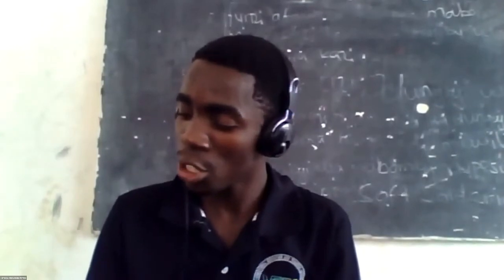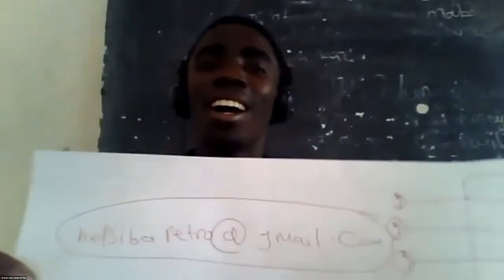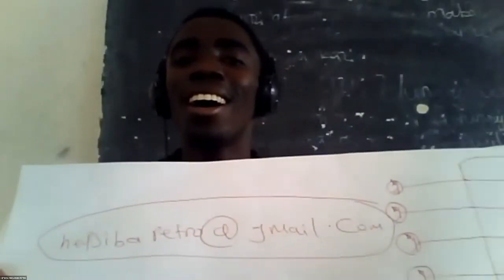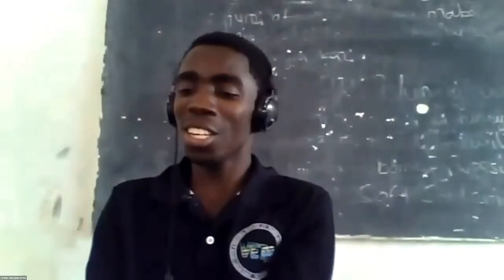My email is Hefsiba Petro at gmail.com. And spell it Hefsiba as well? It's still like here. Yay, thank you. It's hefsibaretro@gmail.com. Perfect. No, madam, I've missed something. Before there is a 9 here.